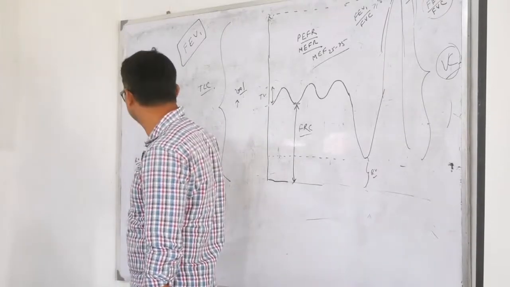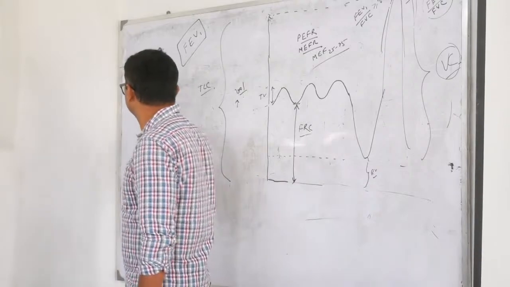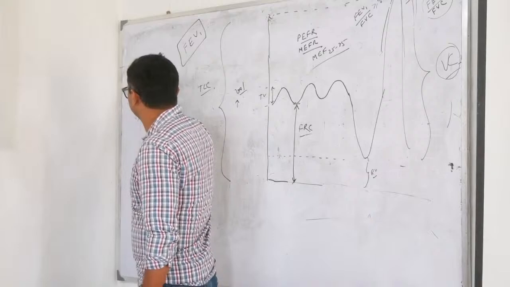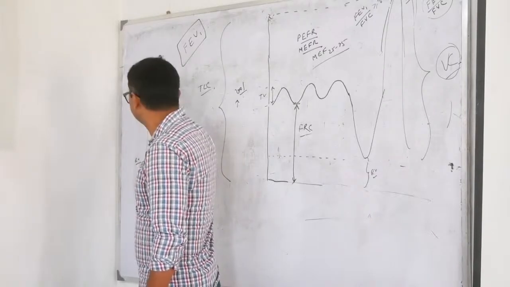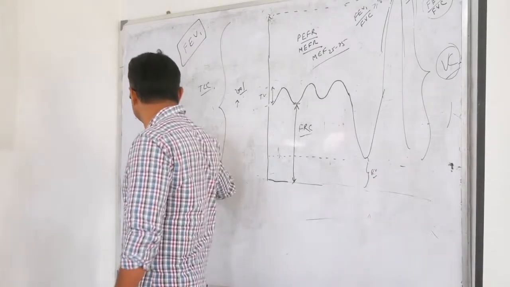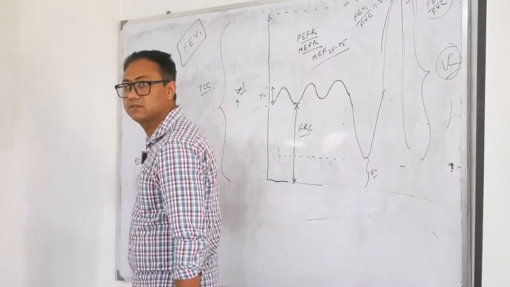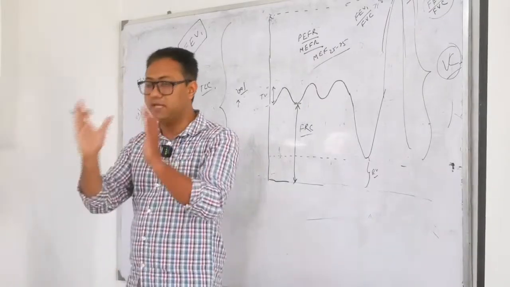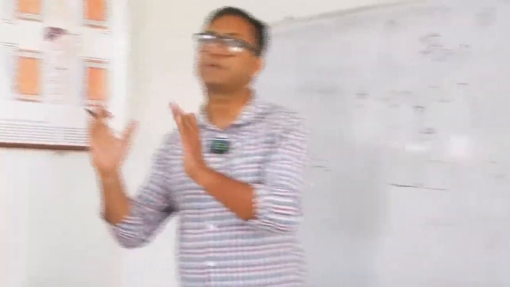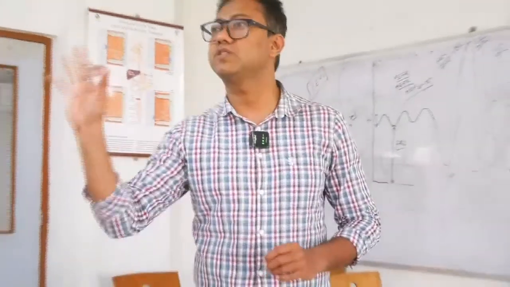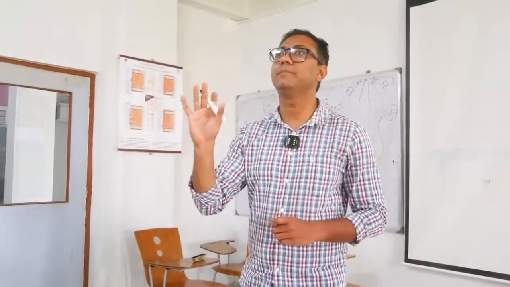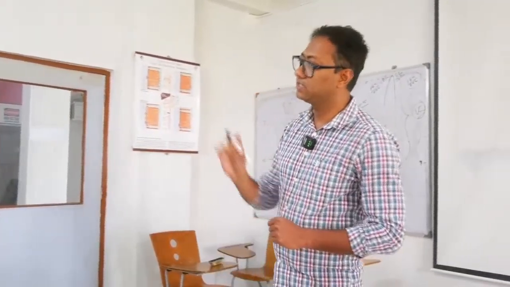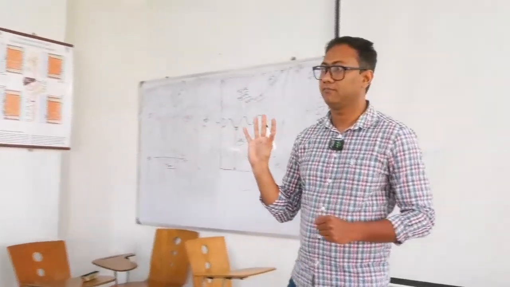On the y-axis is volume from TLC to RV, and the x-axis is time from 0 to 5 seconds. In the time scale you take the mid part, 25% to 75%, and the flow rate within this period is your mid expiratory flow rate, or MEF 25 to 75.